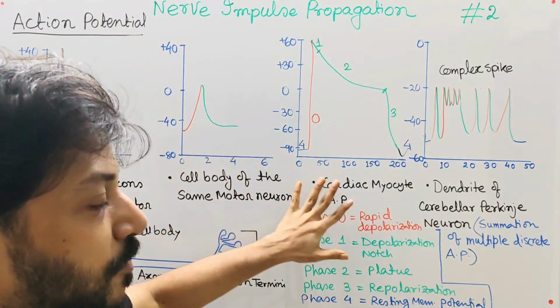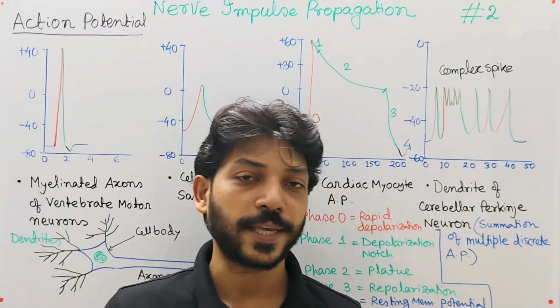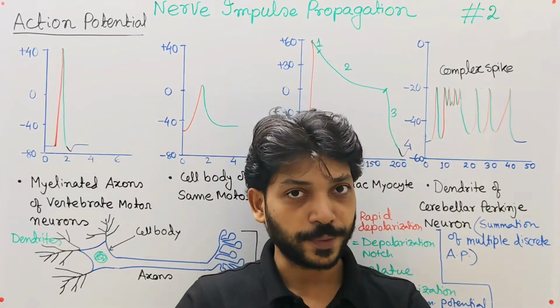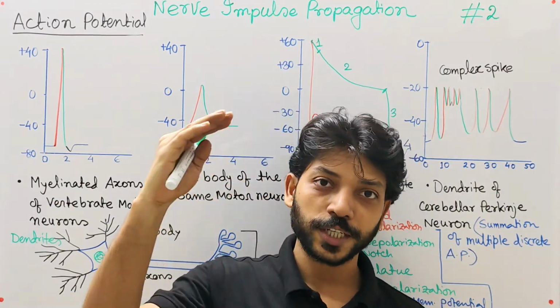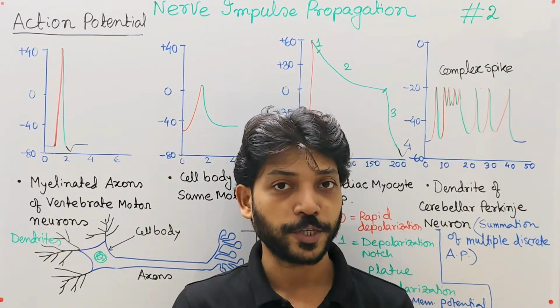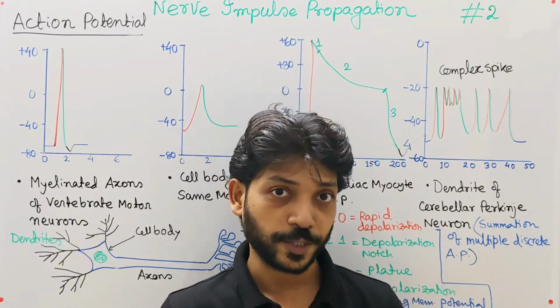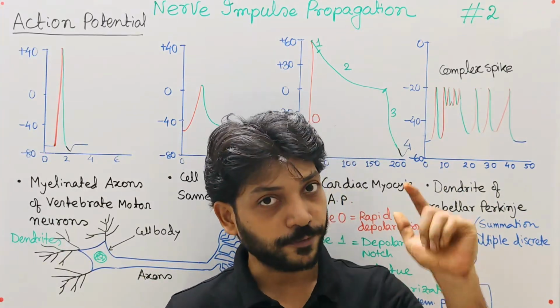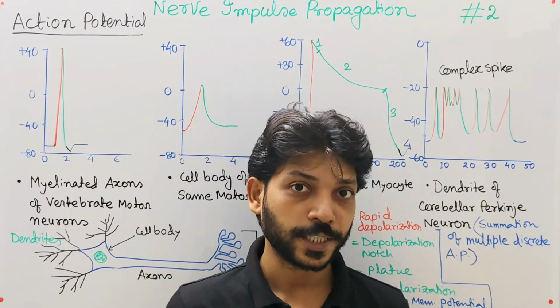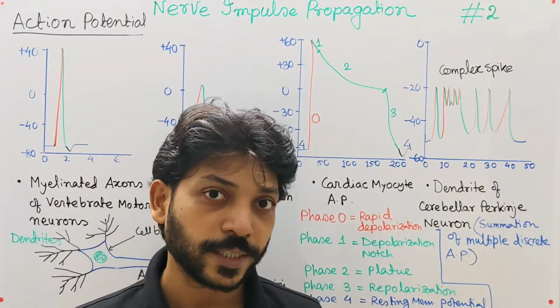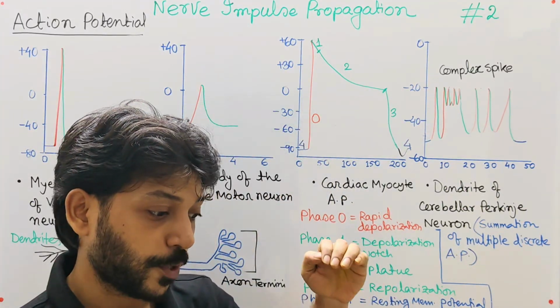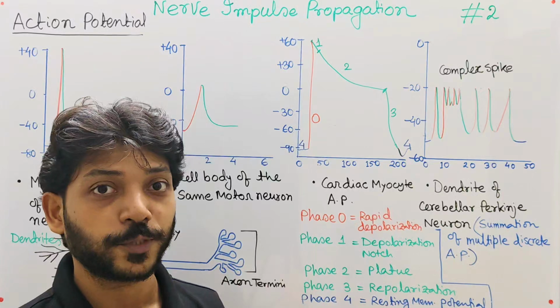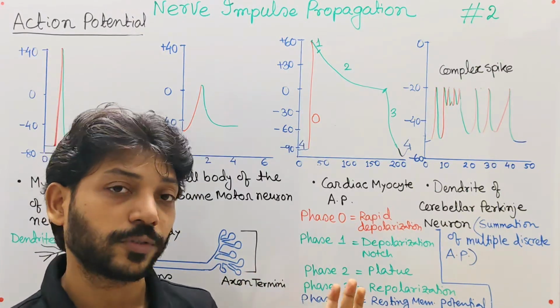The action potential graph can differ, but the theme is the same: there is a resting membrane potential, the baseline. There is a depolarization, that means when the membrane potential increases above the resting membrane potential, and there is a fall, that is the repolarization. Hyperpolarization can occur, that means the membrane potential can go below the resting membrane potential, and then it actually recovers into the resting membrane potential.